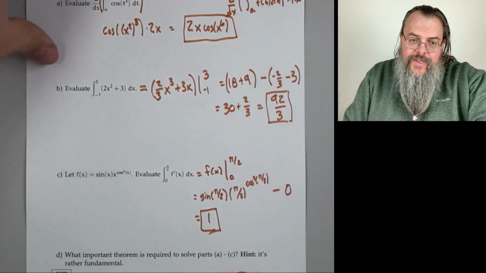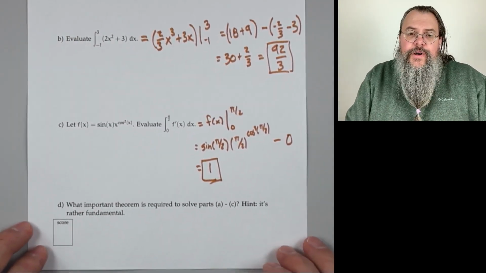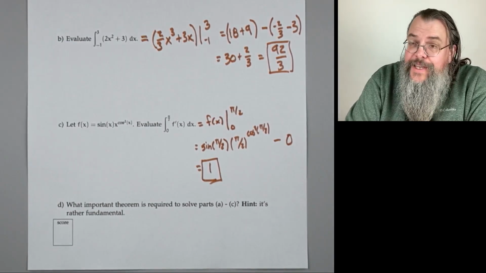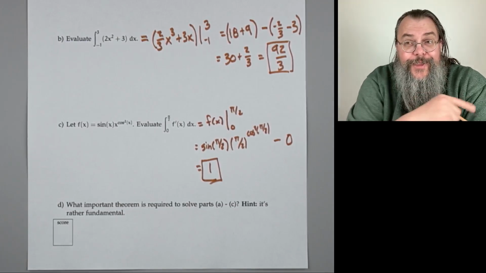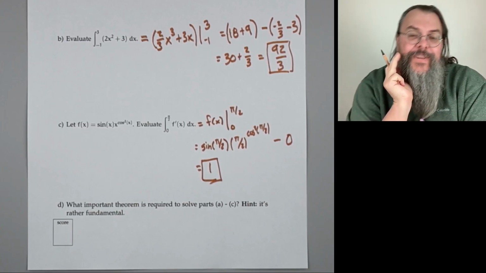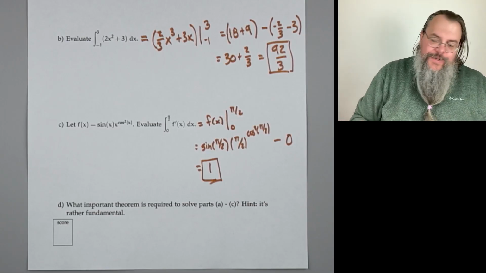And then there's part D, and there's not a lot of space left, but it says, what important theorem is required to solve parts A to C? Hint, it's rather fundamental. I think they were trying to be a little bit punny. All right, well, come on, they gave it away here, right? What are we doing?